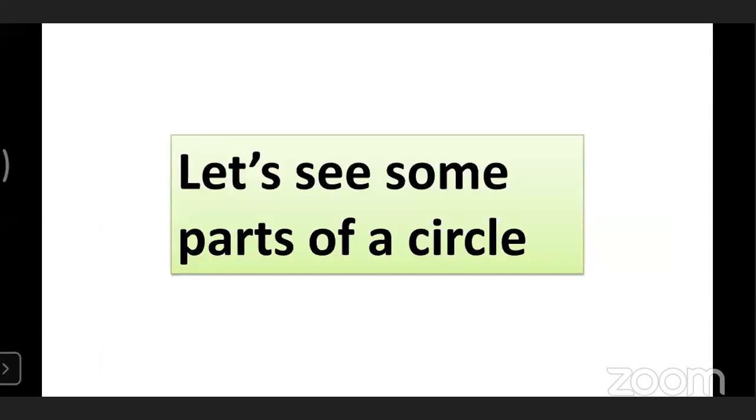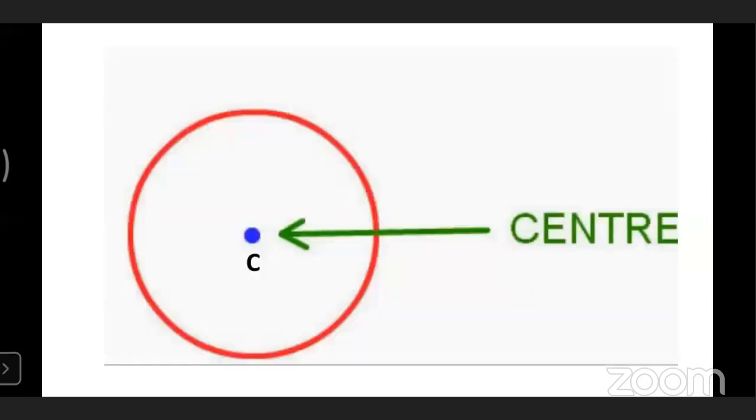Now let's see some parts of a circle. Now observe this carefully. A blue dot you can see. That blue point is called the center of a circle, from where we can draw a circle. So this point is very important, the center, from where we draw a circle.